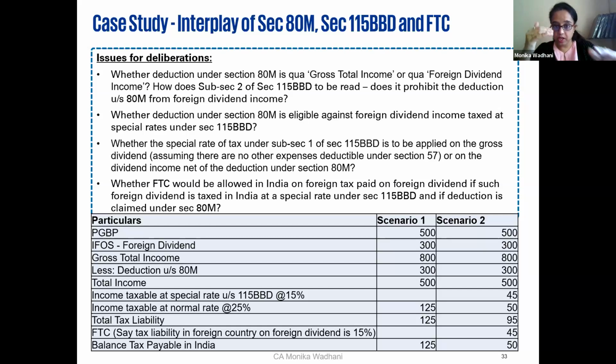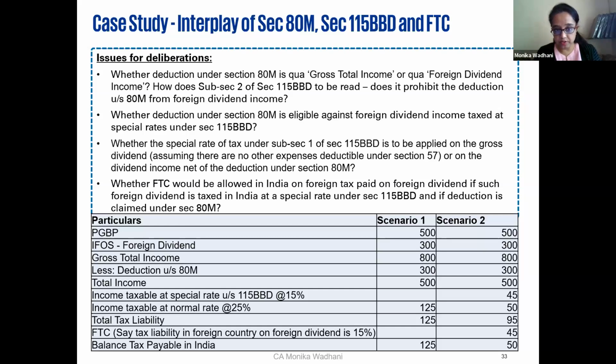So friends, the placement of the section, the wording of the section, under which chapter it is coming from, etc., is important for us to understand the controversies when we understand the applicability of section 80M versus 115BBD and correspondingly foreign tax credit as per the provisions of section 91 or 90, as the case may be.